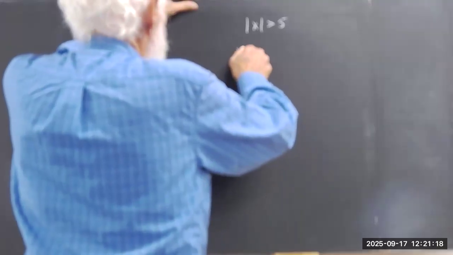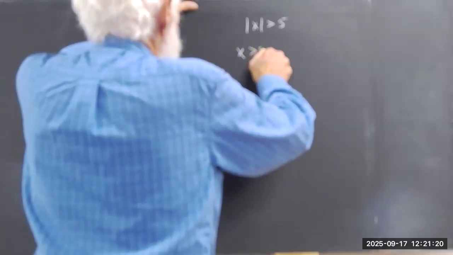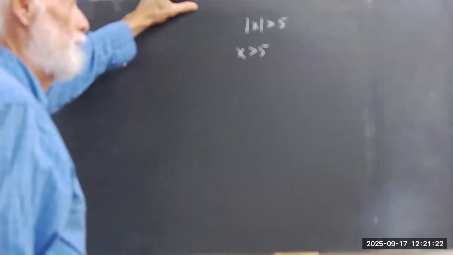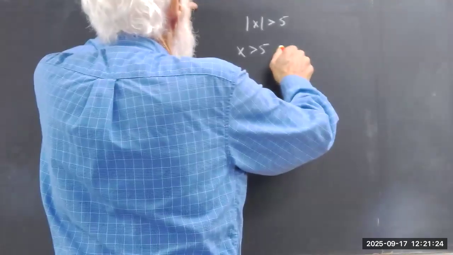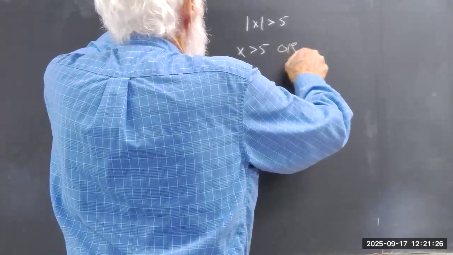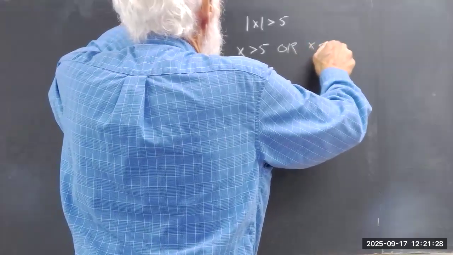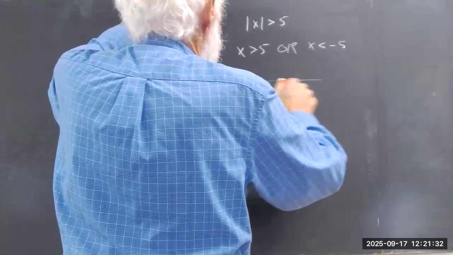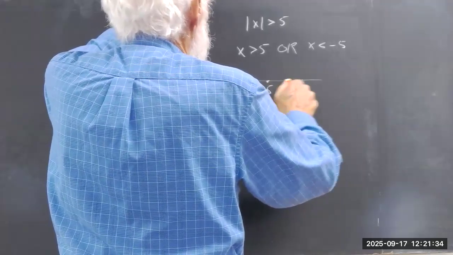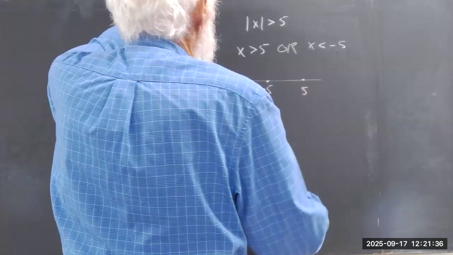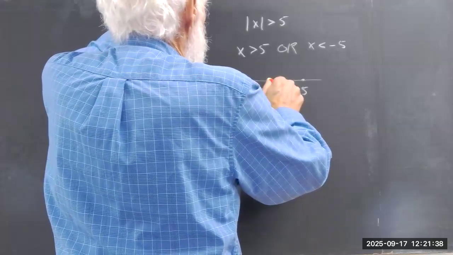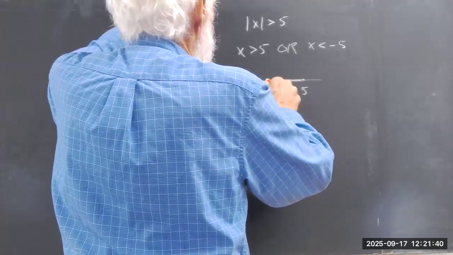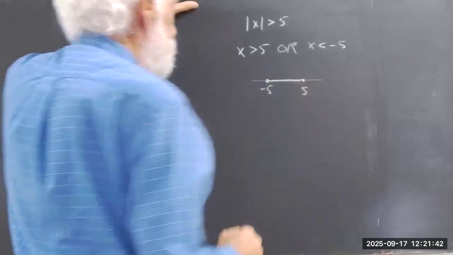This is certainly true if x is greater than 5, or x can be less than negative 5. So here we have negative 5, we have 5.